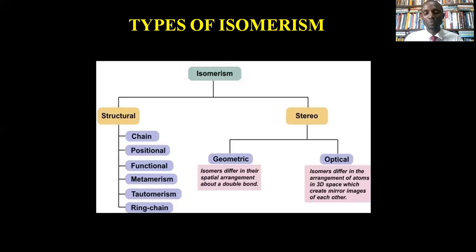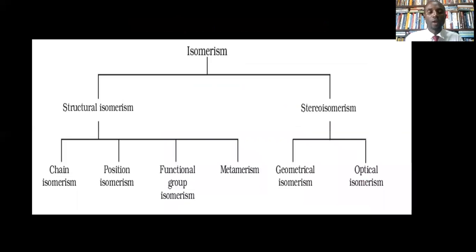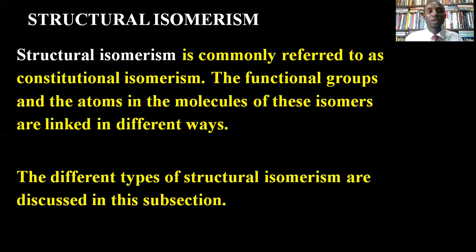Now let's look at them one after the other. What actually is structural isomerism and what is stereoisomerism? Before we talk about the subtypes, structural isomerism is commonly referred to as constitutional isomerism.